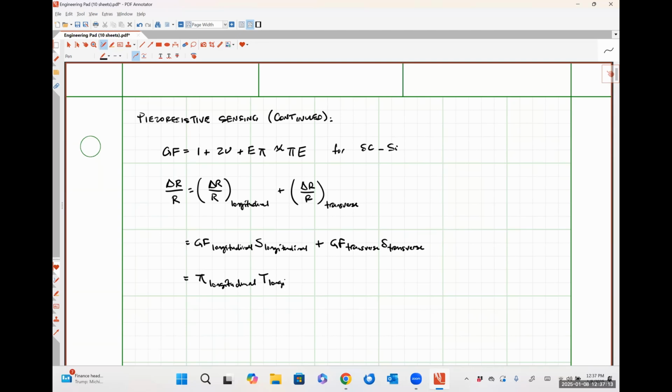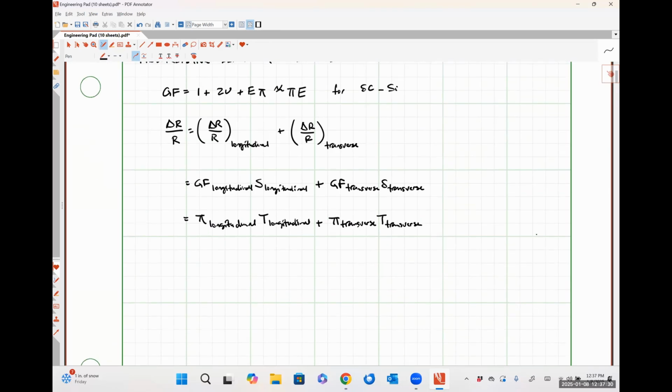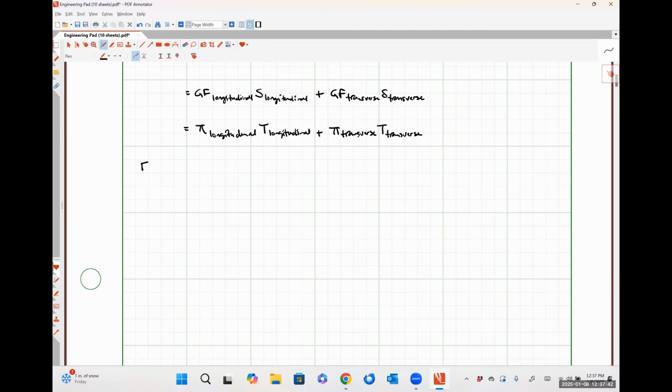T longitudinal plus pi transverse T transverse. So we can use either of these relationships, depending on if the gauge factor is easy for us to find out or if the piezo resistance is easy for us to find out. So let's work a quick example. Okay.